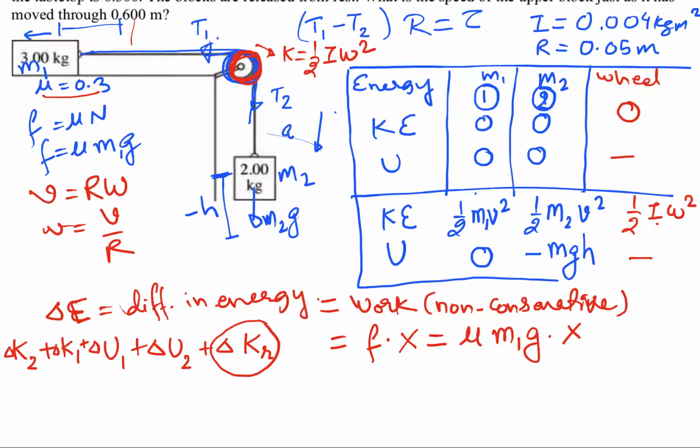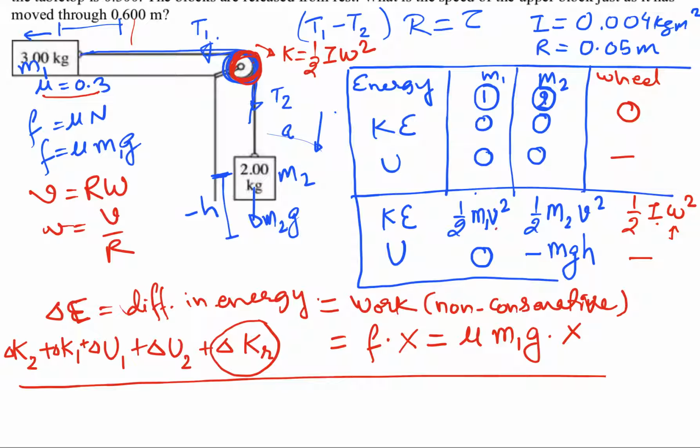So if you solve this equation, you should be able to obtain the value of the velocity, keeping in mind that omega equals v over r. Over here you have to substitute the value of omega in terms of v and r, and the question is asking for the velocity.